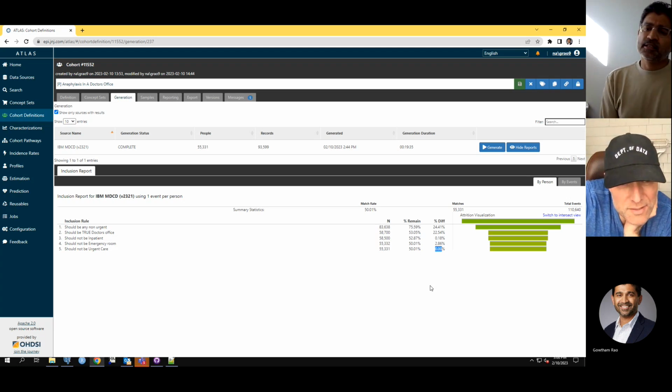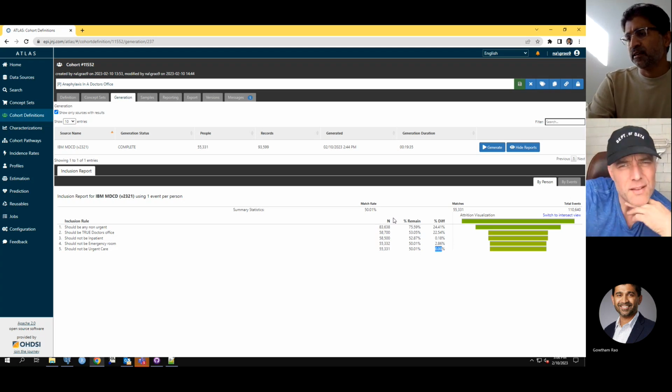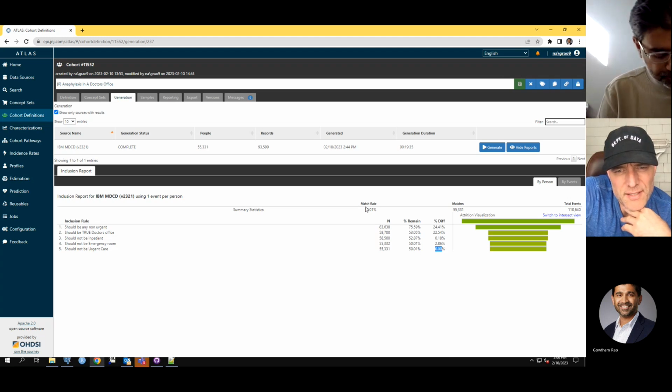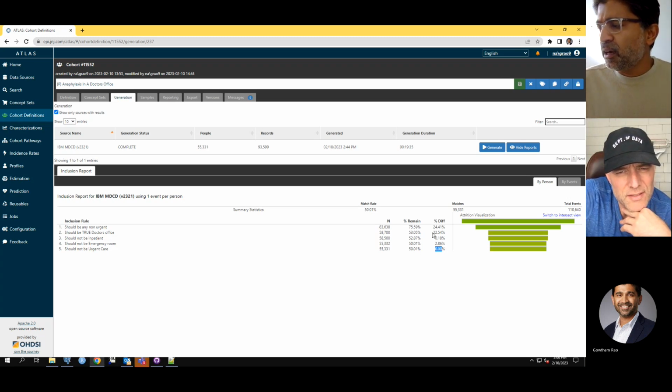Let's wait for the other two data sources to come, because those should be around 80%. And it suggests that in this case, like 20%, 22% of outpatient visits might be either inpatient, emergency room, or urgent care. Now, what it says is this 22% are stuff like ambulatory surgical centers.